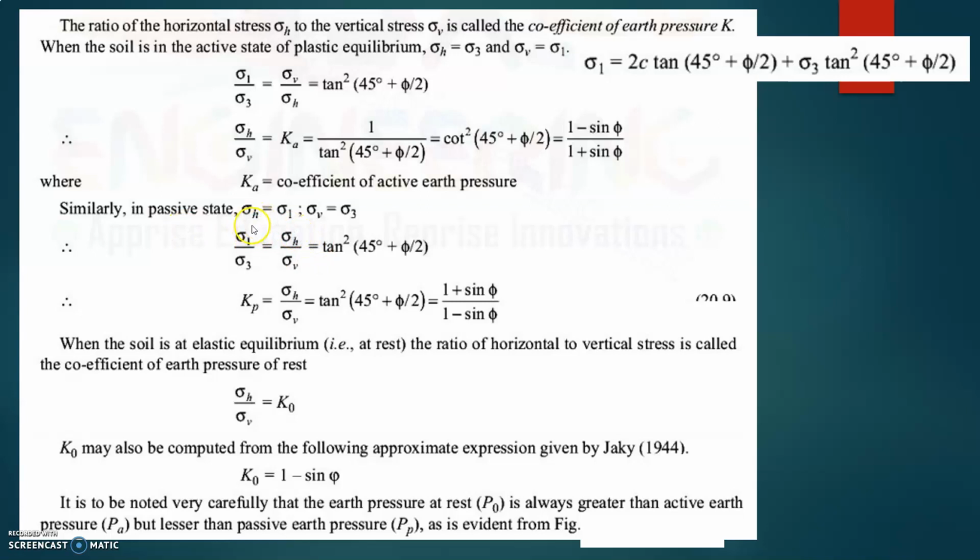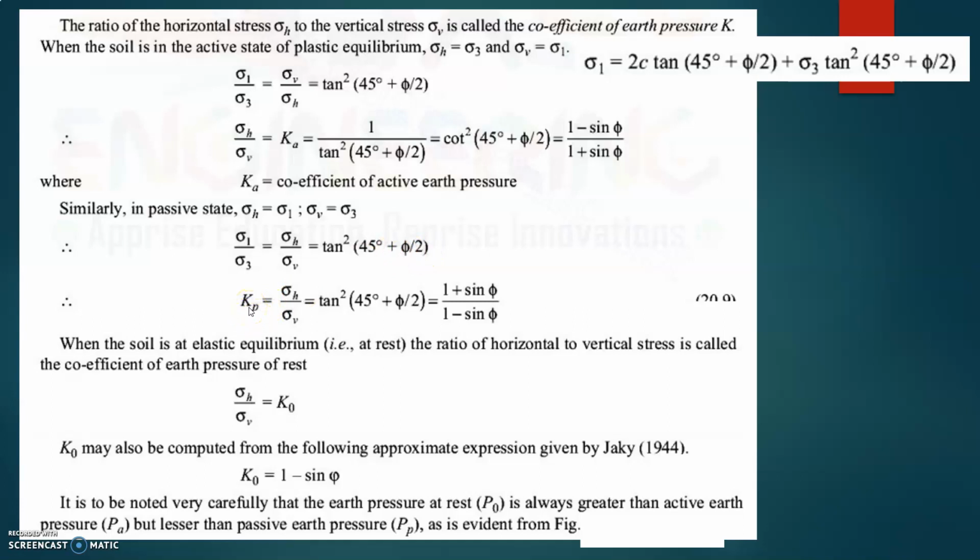Here sigma h, the horizontal stress, is equal to sigma 1 now, and sigma v is equal to sigma 3. So if you write in terms of this equation, sigma 1 divided by sigma 3, if you substitute c equal to 0, you get sigma 1 divided by sigma 3 equal to tan square (45 + phi/2). But in this case, sigma 1 is equal to sigma h divided by sigma v, that is equal to tan square (45 + phi/2).